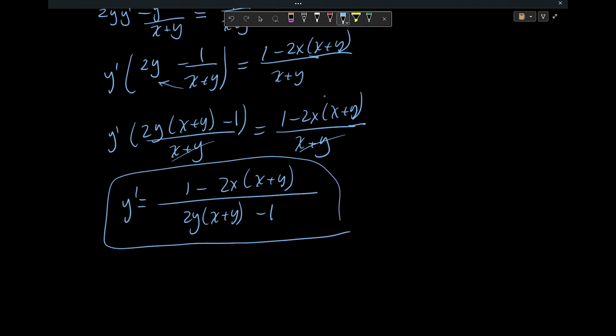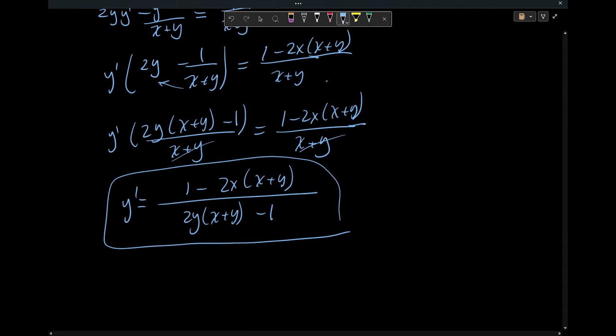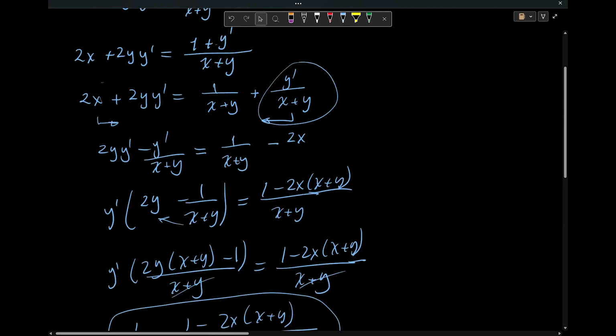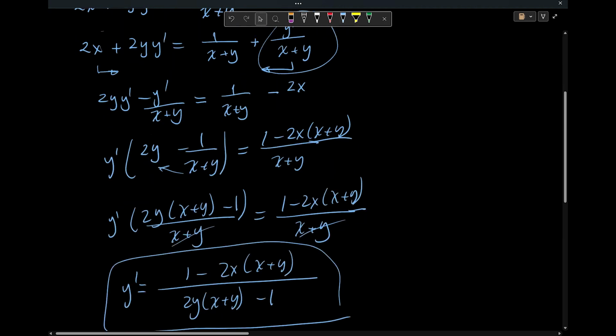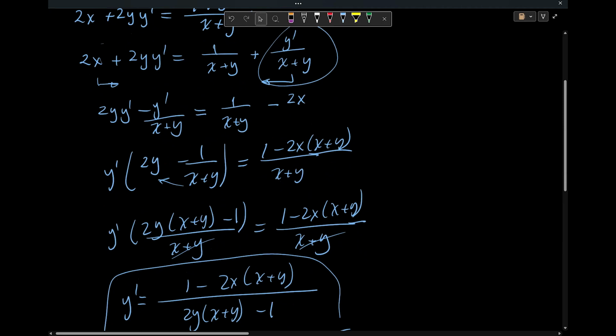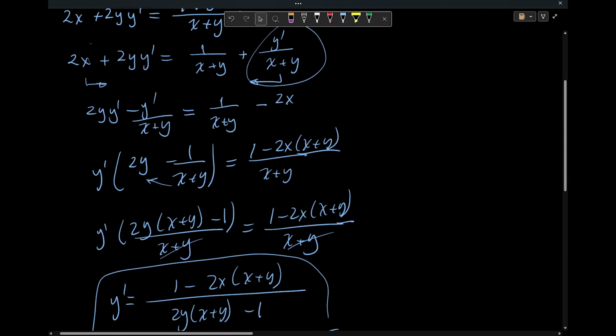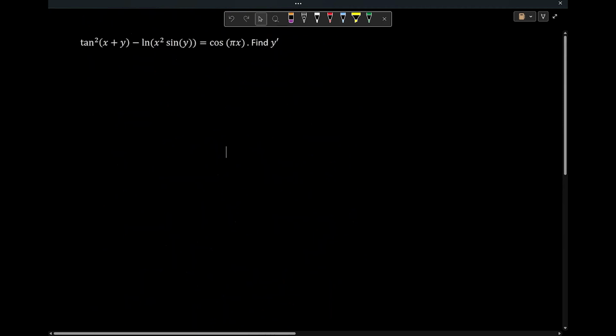I can take a second derivative. I could do a lot of things with it. All right. But again, it's very easy right now to compute things when I have y prime on one side, everything else on the other side. All right.